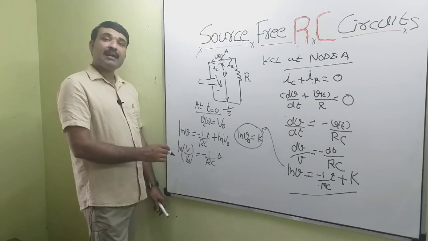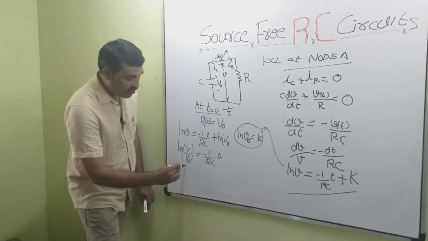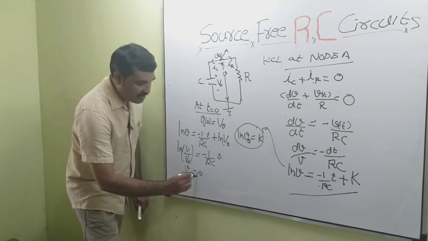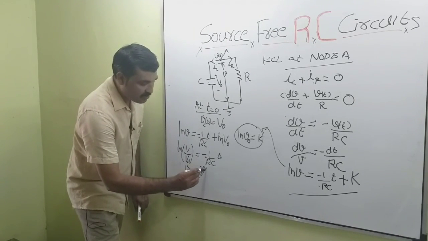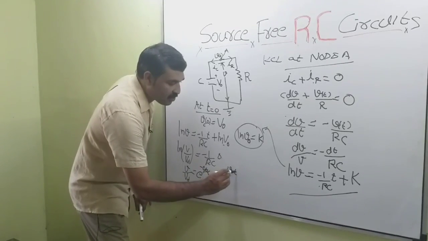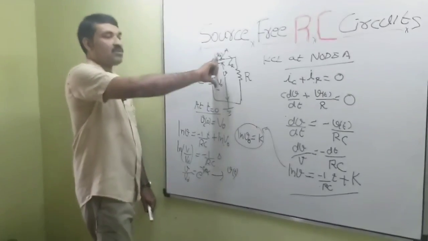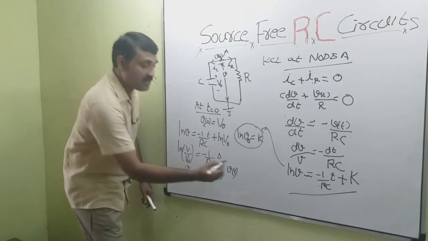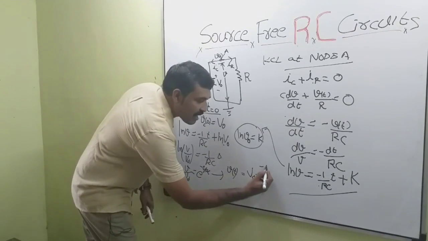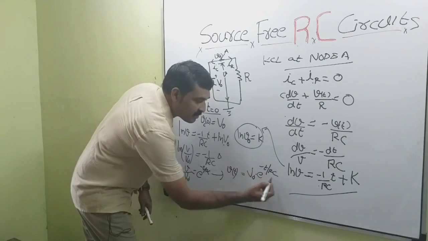Or this can be written in exponential form as V by V0 is equal to e raised to minus t by RC. This implies the output voltage, V of t, the voltage across this capacitance and resistance, is equal to V0 into e raised to minus t by RC.